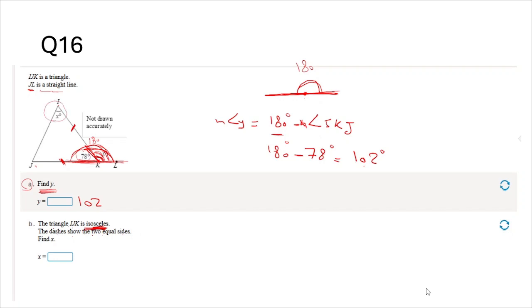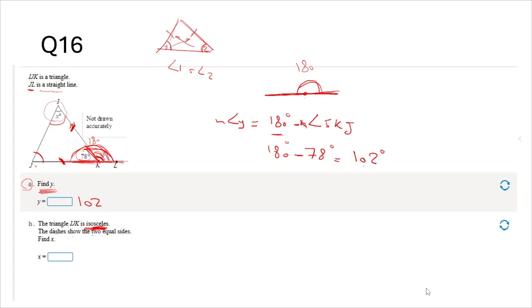When the two sides of the triangle are equal in length, the corresponding angles will also be equal. So this angle 1 equals angle 2, and this angle will be equal to this angle.